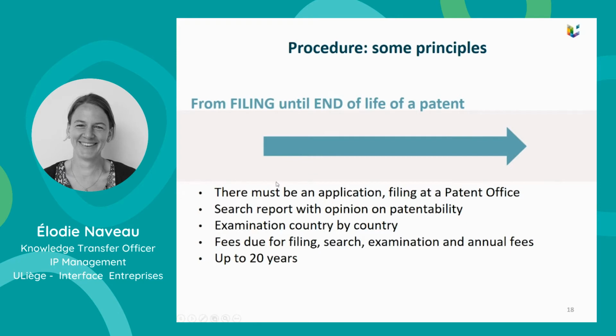So coming back to the right order, first you file a patent application, and then you receive a search report with an opinion on patentability. With this opinion, you can already have an idea: will my invention be patentable? Then you have the examination, and in many cases, it will never be a patent, because the office will not accept it and it will never be granted.